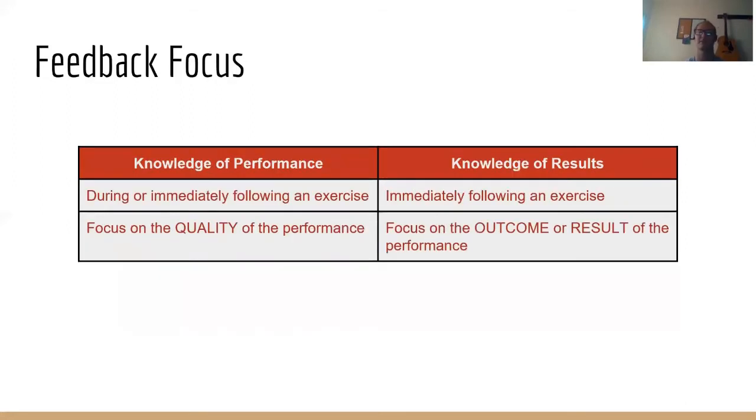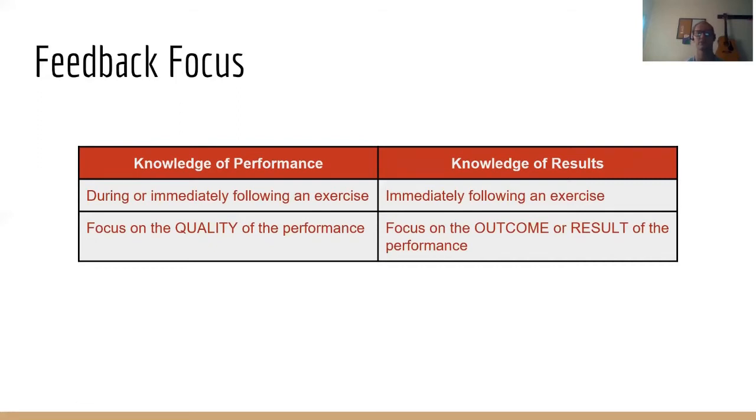The next component is the feedback focus. So we can either focus on the performance of the movement, or we can focus on the results of the movement. So for the performance of the movement, this feedback is going to occur during or immediately following an exercise. And again, as the name suggests, we're focusing on the quality of the performance.